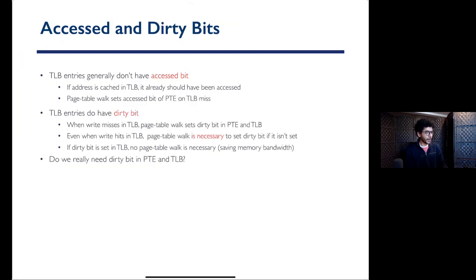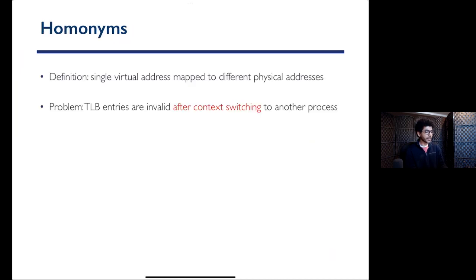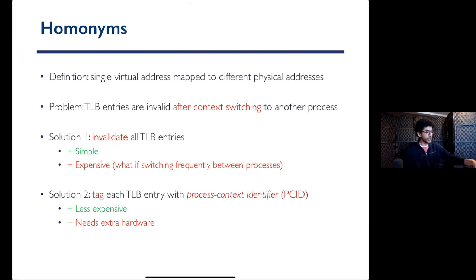The last topic that we discussed was the topic of homonyms, and this was the issue that we had if we just look at the virtual address and its translation in the TLB. Then it could be that we context switch to a new process, and the new process is using the same virtual address, but this virtual address is mapped to another physical address in the page table, but we don't have that information in the TLB.